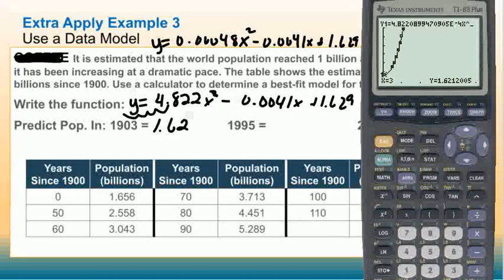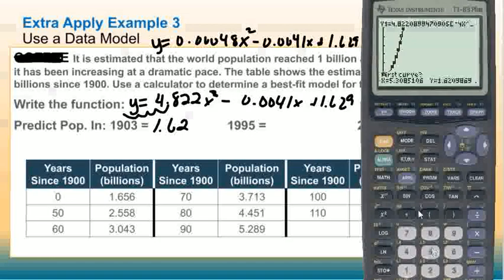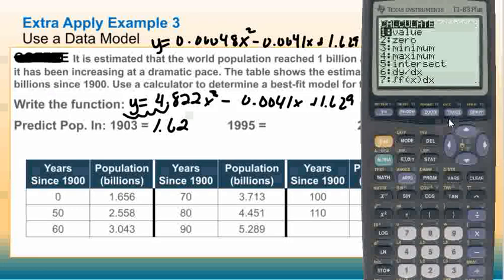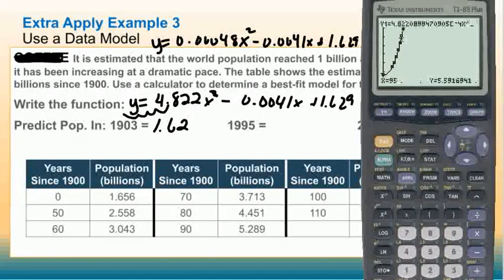If we did 1995, that's 95 years after 1900. Oh, second trace value, so 95. 5.59 billion. So 5.59 billion. Billion here, so we know what that means.